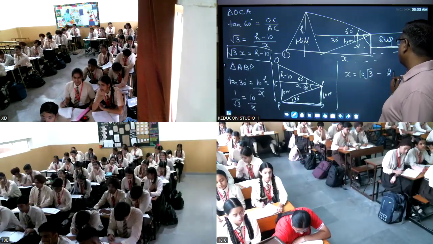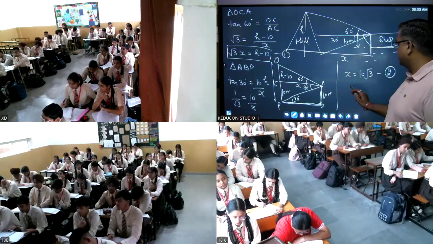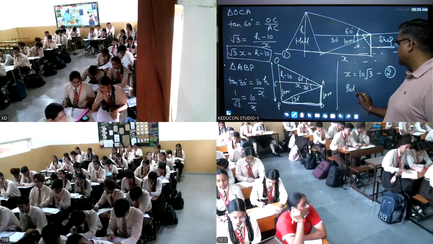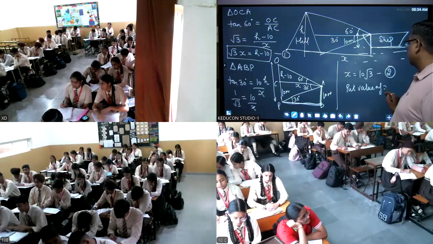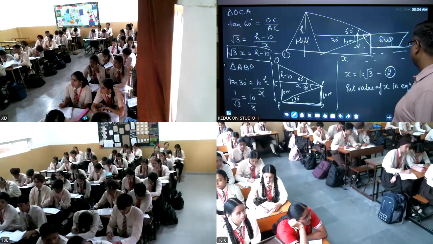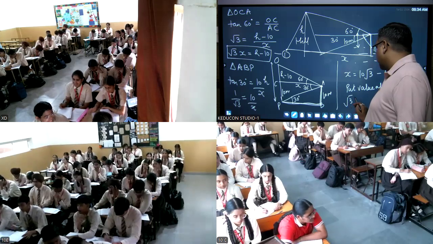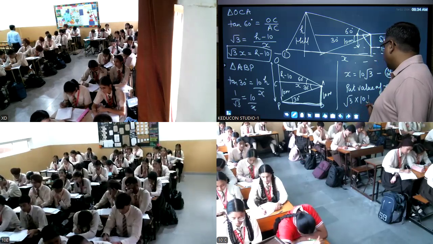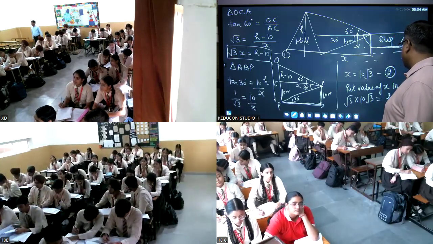Now let's say this is second. Put this value of x in equation 1. What this becomes? Root 3 into 10 root 3 is equal to h minus 10.